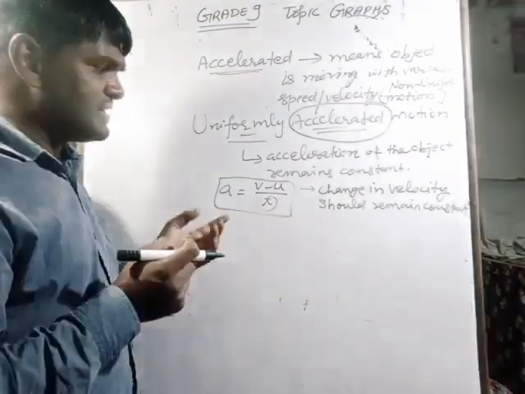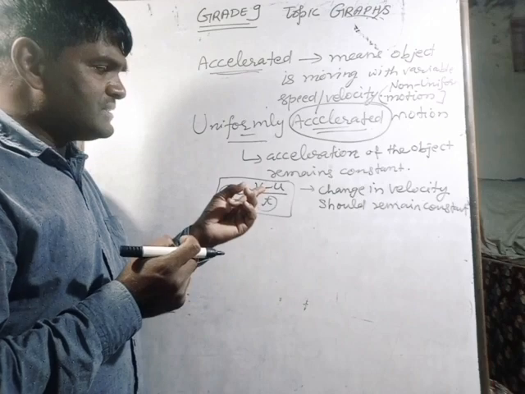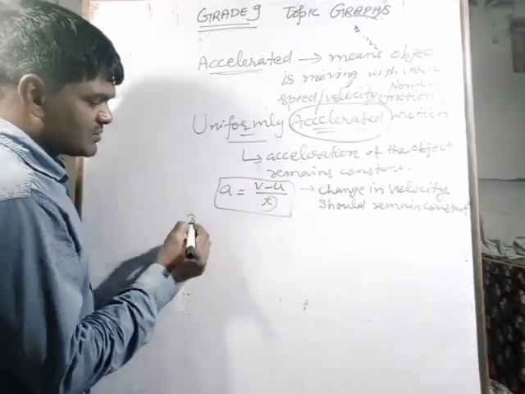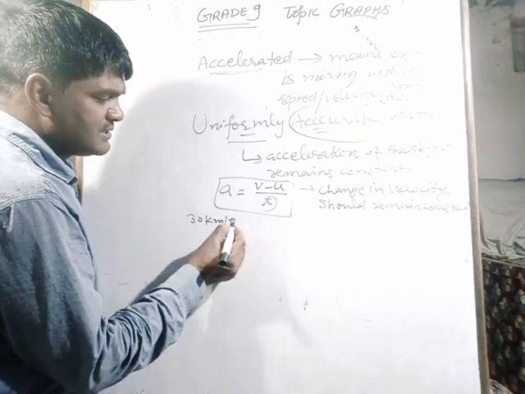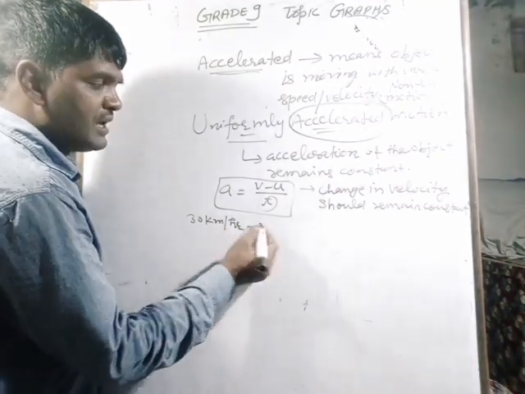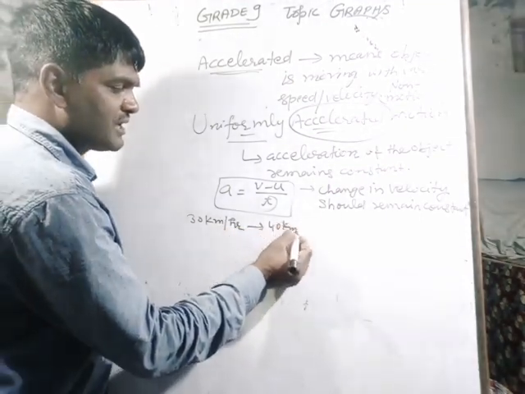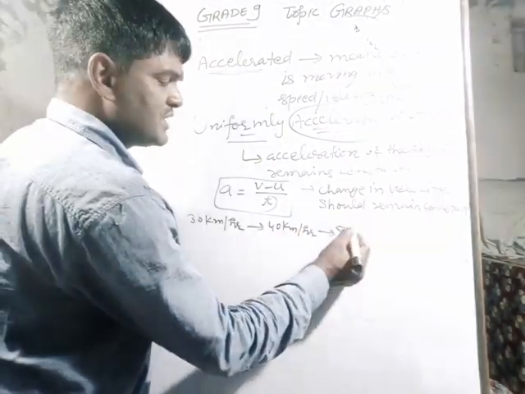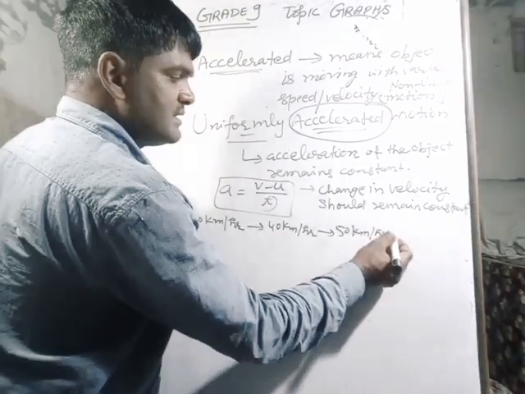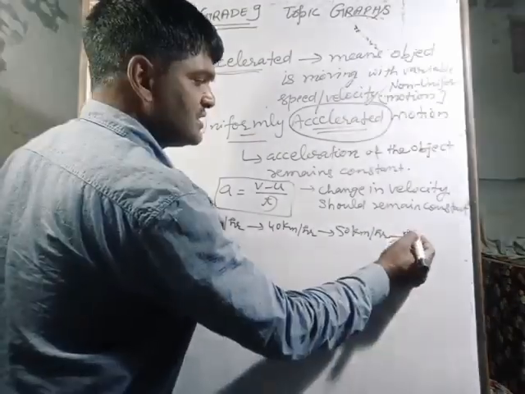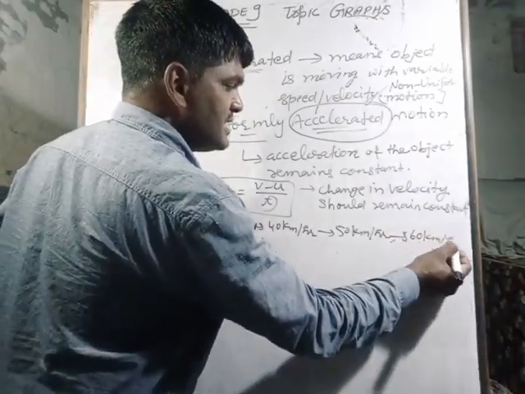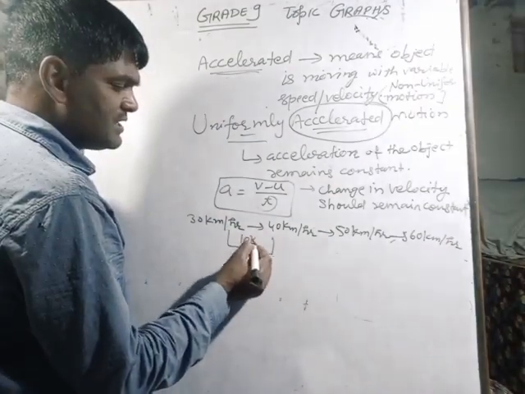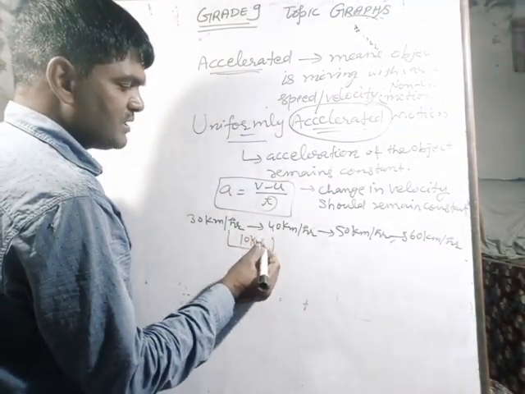So uniformly accelerated motion, let's try with an example. Let the initial velocity be 30 km per hour, and the next velocity 40 km per hour. Next it is 50 km per hour, and next it is 60 km per hour.